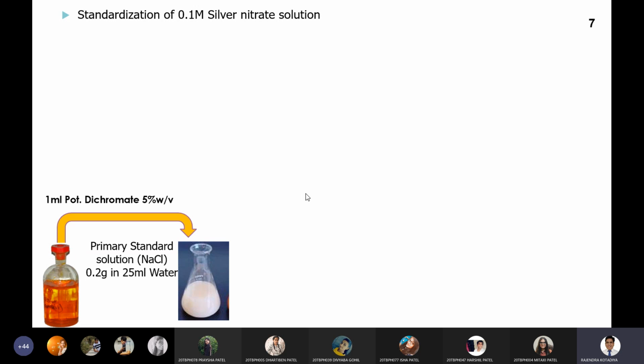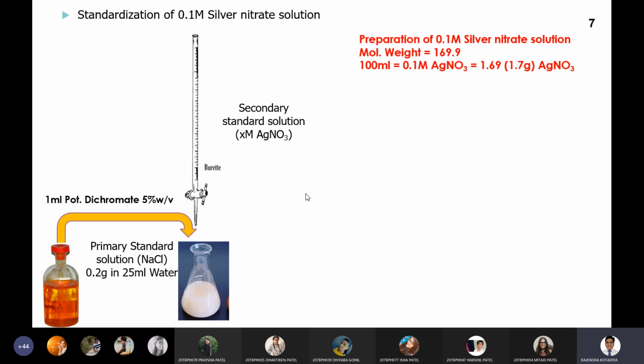Now the next step would be to titrate it against our titrant, which is obviously silver nitrate solution. How much to prepare? In this particular case we prepared it as 0.1 molar, in the same way we prepare molar solutions.